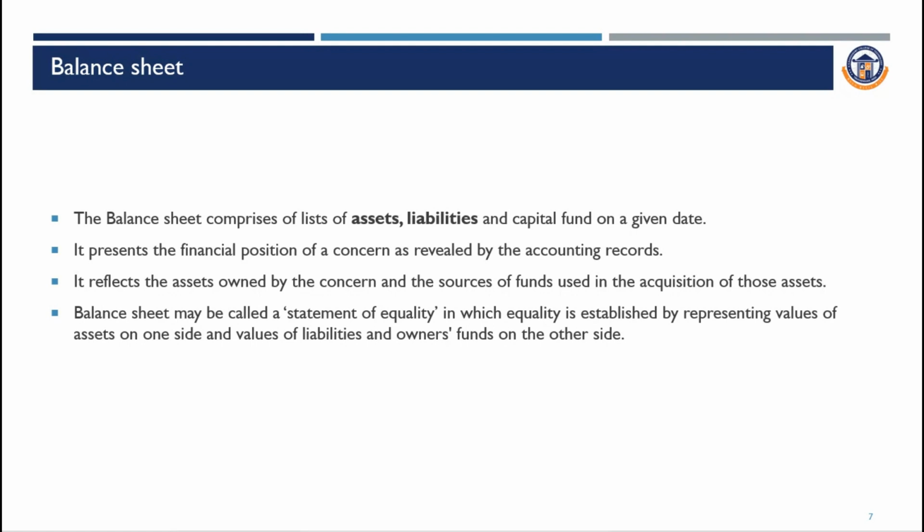It contains detailed information from the accounting records prepared during the accounting period. The balance sheet may be called a statement of equity, in which equity is established by representing the value of assets on one side and the value of liabilities and the owner's funds on the other side.